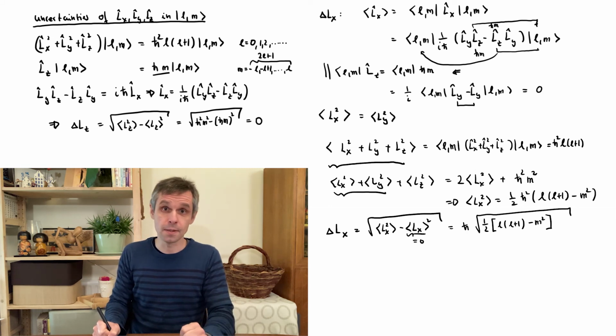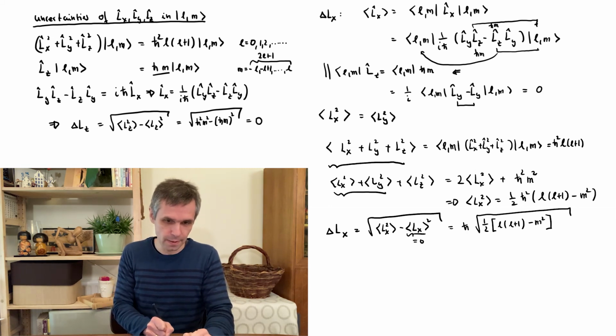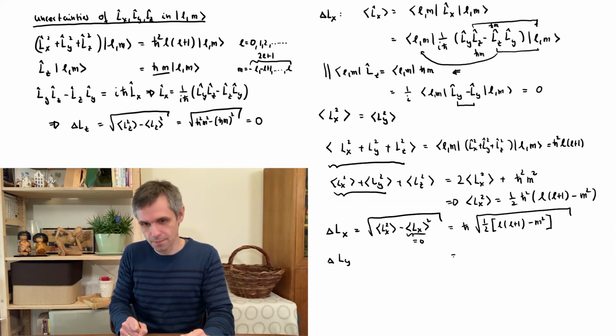Now this is the uncertainty of Lx, but the same can also be carried out for Ly, and this just gives us the same value, simply because again there is no difference between the x direction and the y direction in these kind of states.